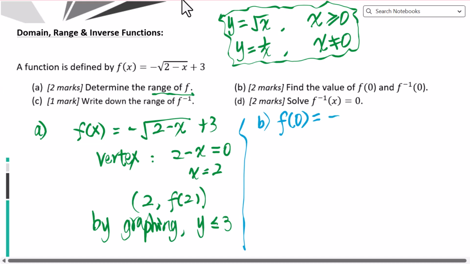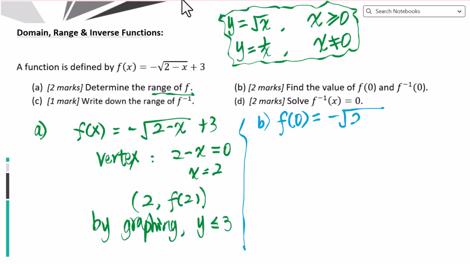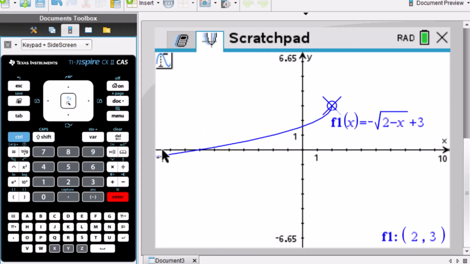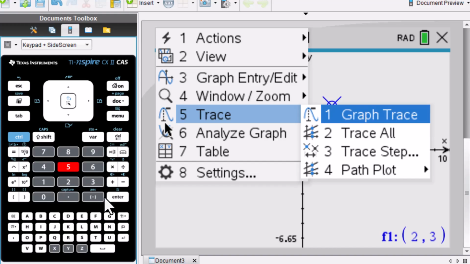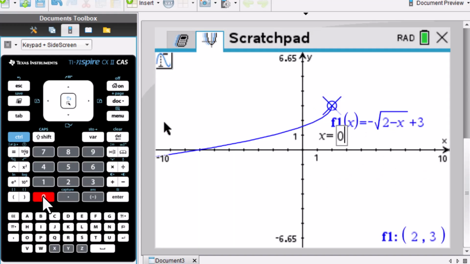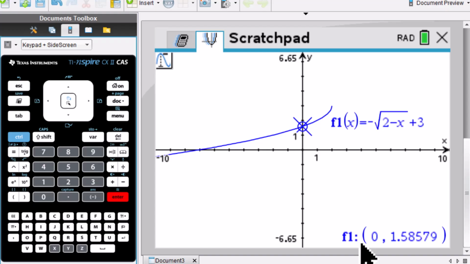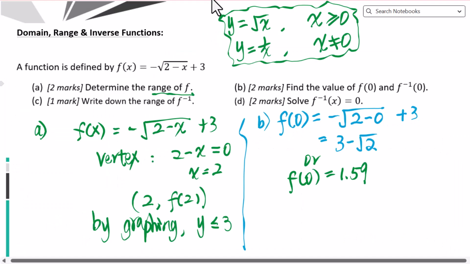We got negative square root 2 minus 0 plus 3 equals 3 minus square root 2. Or you can go to calculator, menu, go to 5, enter, then type in 0, enter. We got 1.59 as the 3 figures.